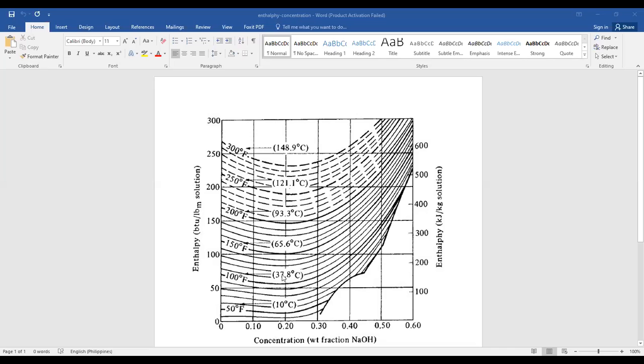So if we have from 38, let me start with the 10. 1, 2, 3, 4, 5. We have 5 divisions. So from 38.5 to 65.6, each division divided by 5 is around 6 degrees Celsius. So from 38, we're going to check where is that curve on 60 degrees.